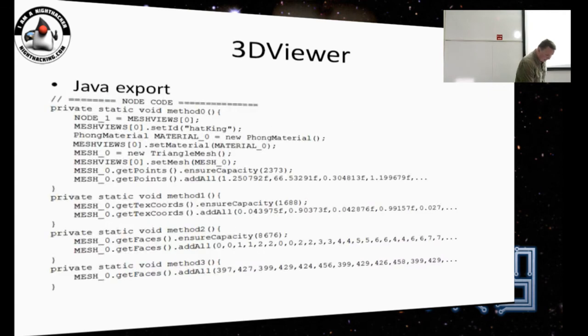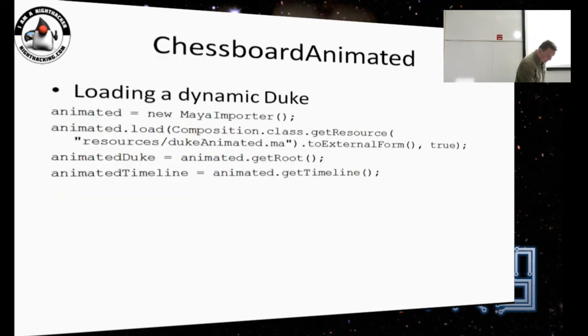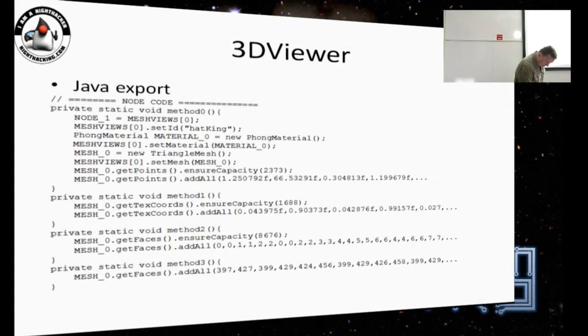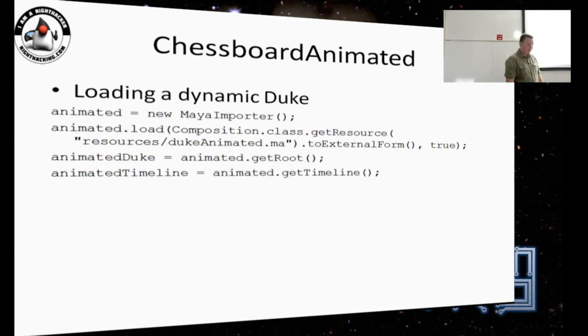Okay, so let's move on to the next thing. I'm going to switch back to the 3D viewer as I go. So here's how the dynamic Duke, by dynamic I mean animated Duke, is loaded. This class MayaImporter is part of the 3D viewer project.